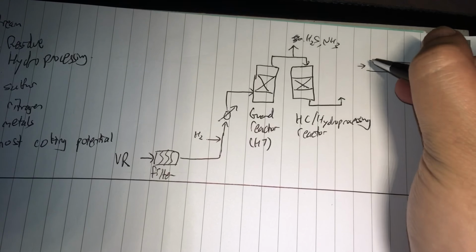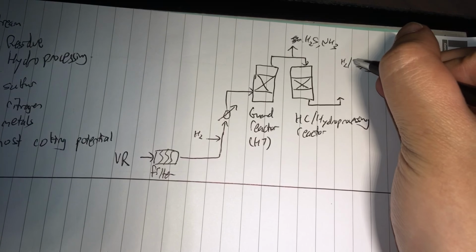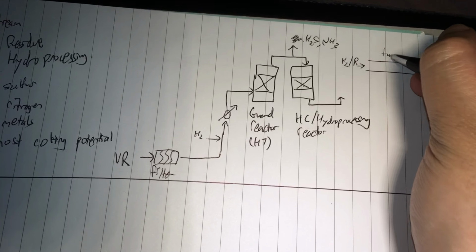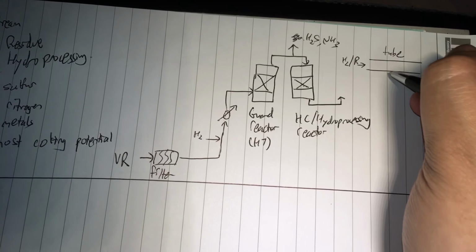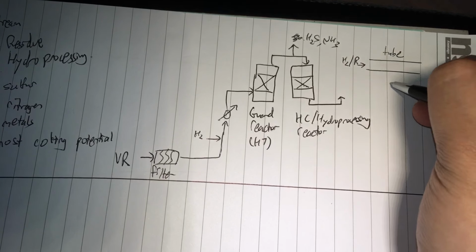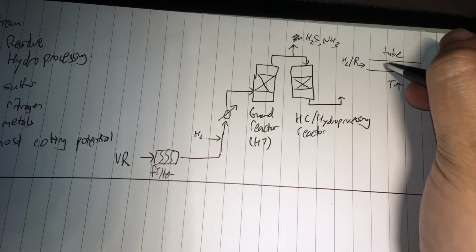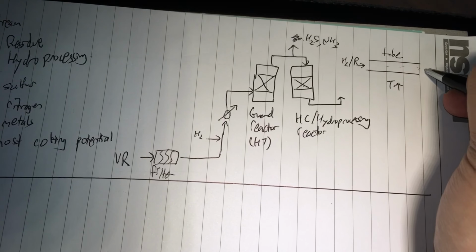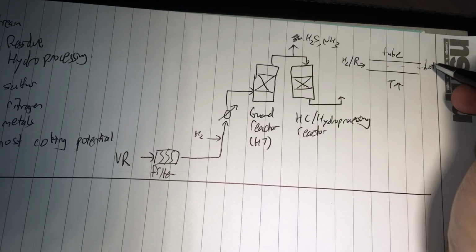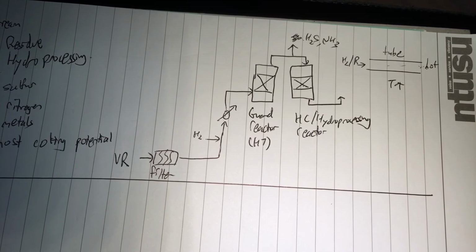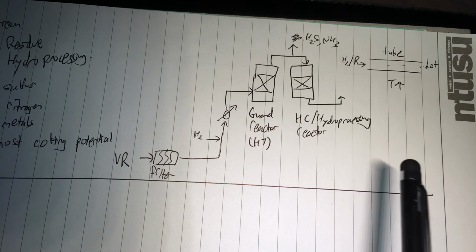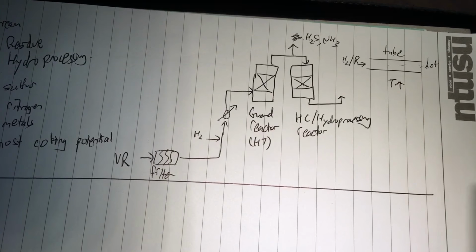Now, let's say you have your hydrogen and residue mixture, and you react it in a tube-shaped reactor. As you react the hydrogen with the residue, it gets hotter and hotter. So by the time it gets to the end of the tube, it gets really hot. You can imagine in a very long tube, sometimes that tube will overheat, and in this case, overheating means exploding.